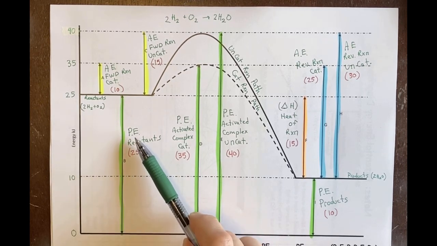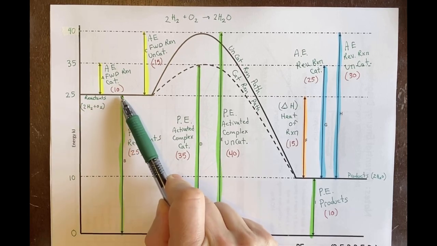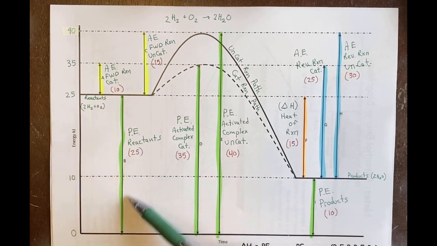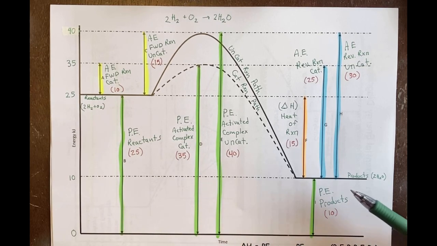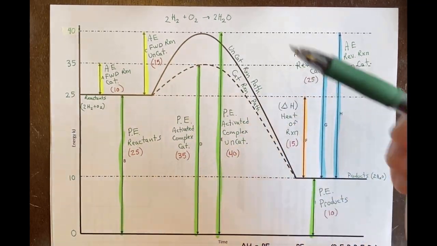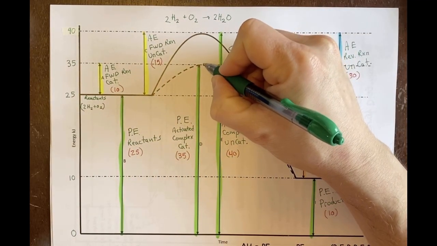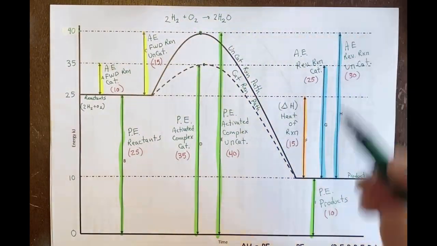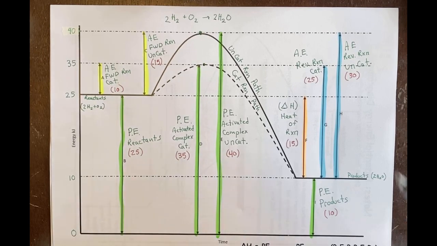So what do we have? The potential energy of the reactants, because this is the energy that the reactants have. It's from this line down to 0. Then we have the potential energy of the products. It's from the product line down to 0. Then we have the potential energies of the activated complex. Remember, the activated complex is the peak of the hill, which would be somewhere around there and somewhere around there. That's the activated complex.